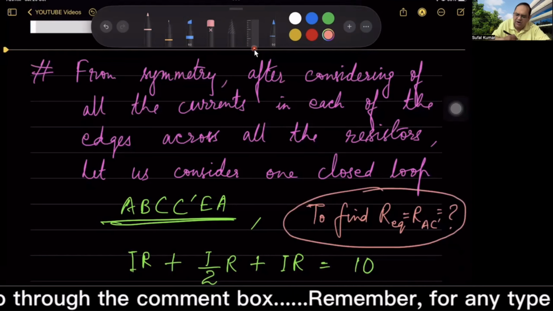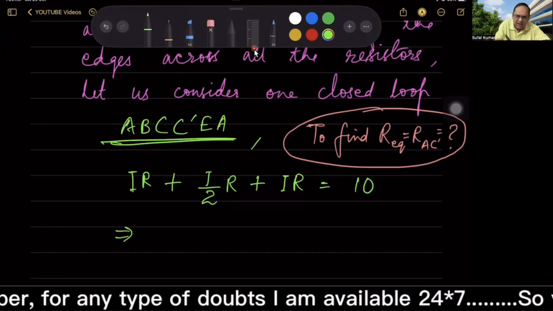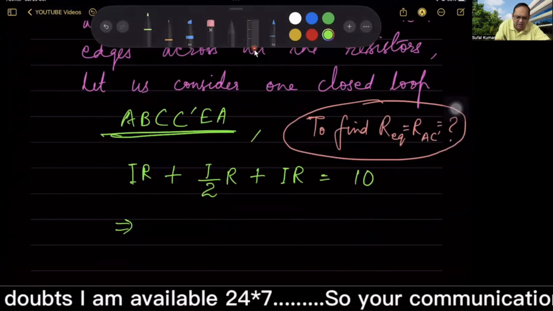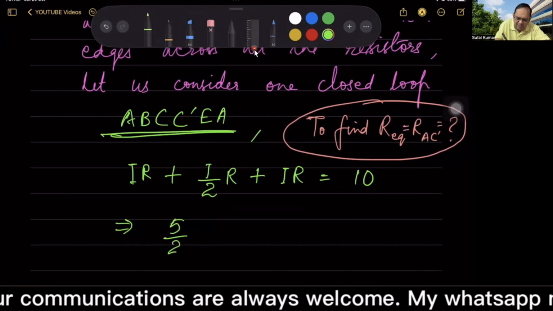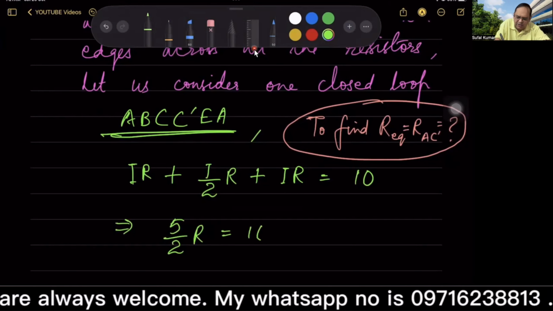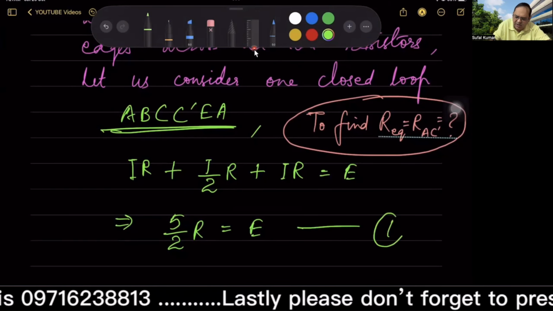This implies 1 IR, 2 IR, 2 plus 1.5, that means 5 by 2. So 5 by 2 IR is equal to 10 volts, E only. This is equation number 1.